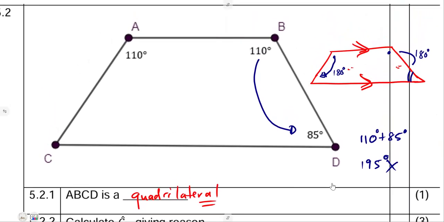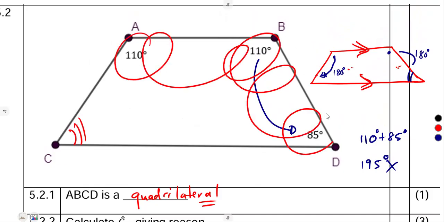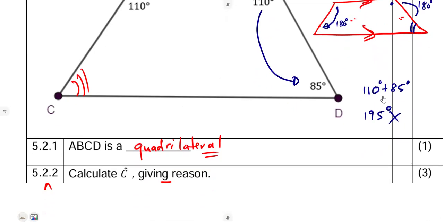Now we know that in any quadrilateral, the interior angles add up to 360. So to find angle C, we subtract these three angles from 360 degrees.